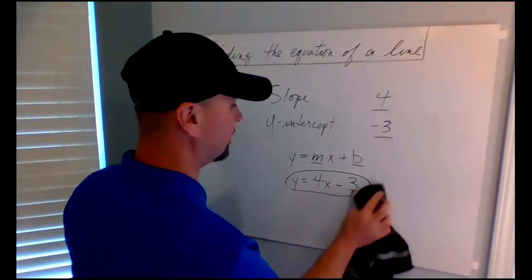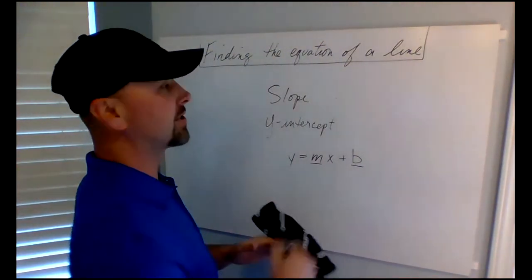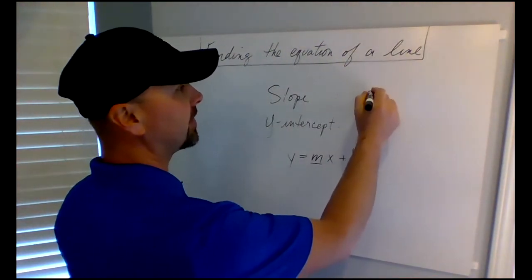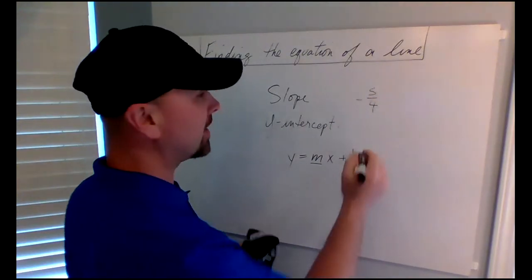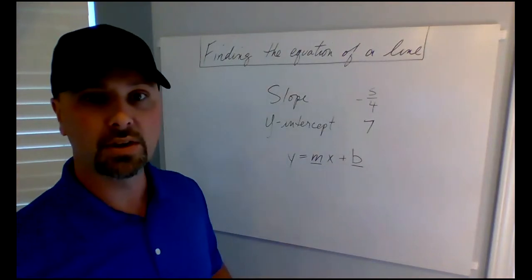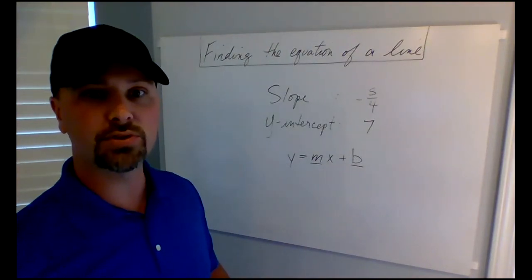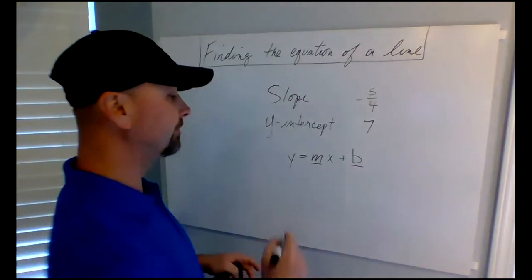Okay, let's do another one. How about the slope is -5/4 and the y-intercept is 7. Replace our m and our b.